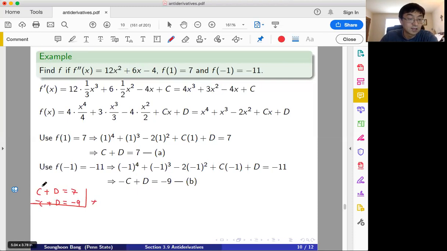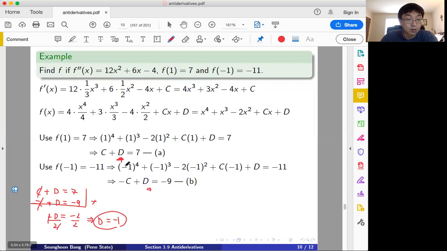The c minus c is cancelled, only 2d equals 7 minus 9, which is negative 2. Divided by 2, so 2 is cancelled, the d equals minus 1. You can plug d equals minus 1 into either one, it's fine. Plug here or here, we have the same answer.